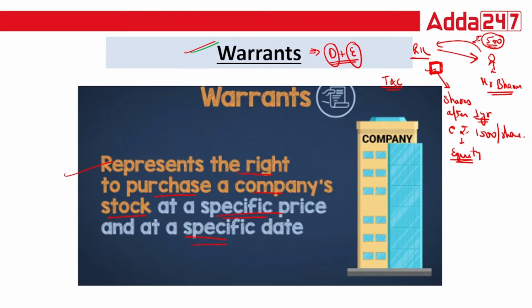Then what is the benefit to the Reliance company? Today Reliance is getting 500 rupees. That's the benefit. Mr. Bhanu will get his benefit after 1 year. But today Reliance is getting the benefit. Let's say Mr. Bhanu will execute in the financial year 26-27, but Reliance is getting the benefit in 25-26.